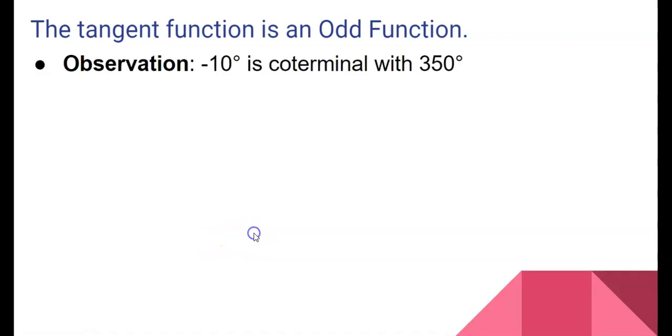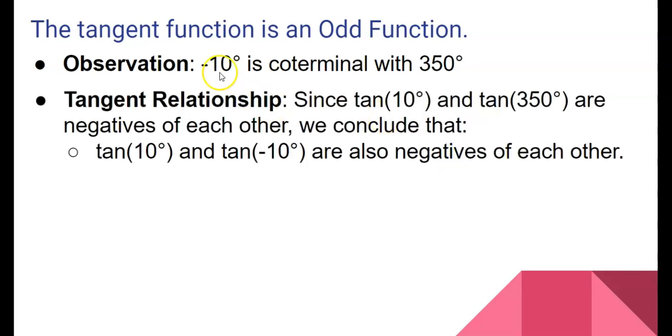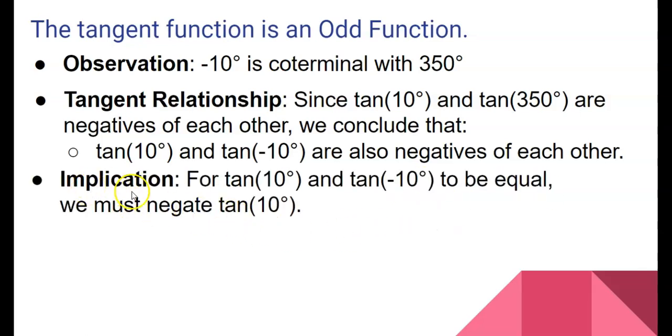Alright, so as a recap, we have observed that negative 10 degrees is coterminal with 350 degrees. And we also have observed that since tangent 10 degrees and tangent 350 degrees are negatives of each other, we can also conclude that tangent 10 degrees and tangent negative 10 degrees are negatives of each other. What is the implication?